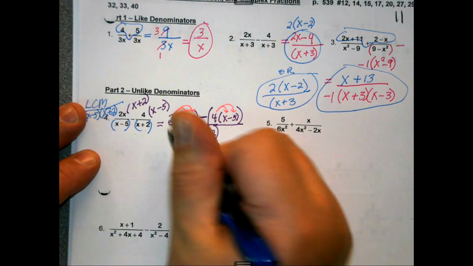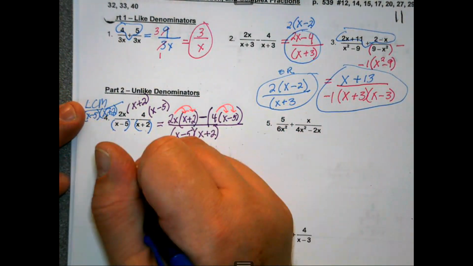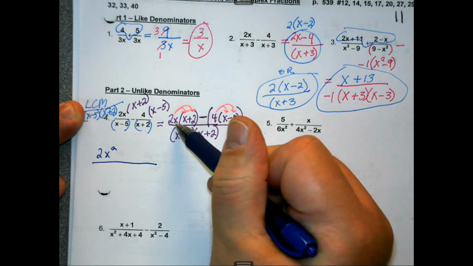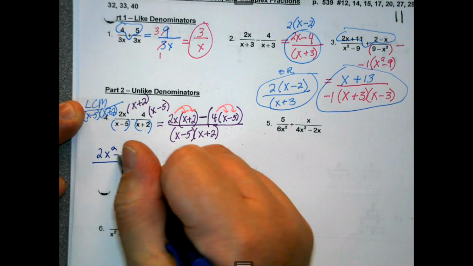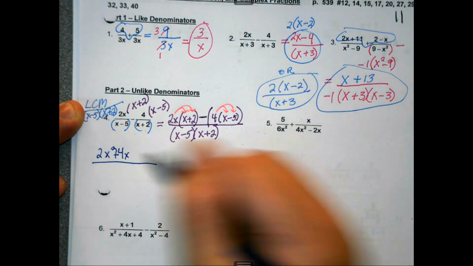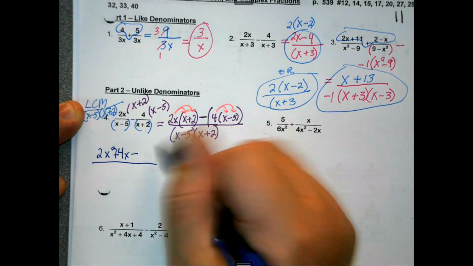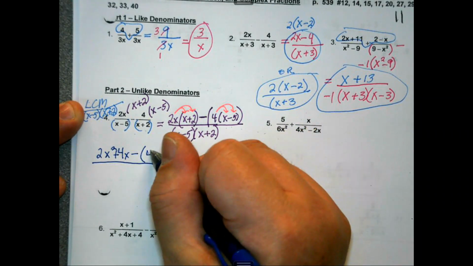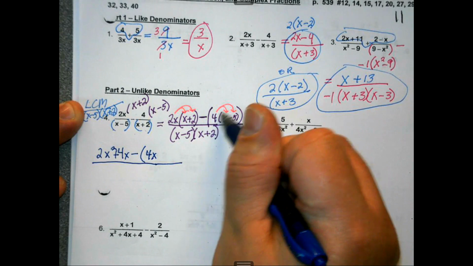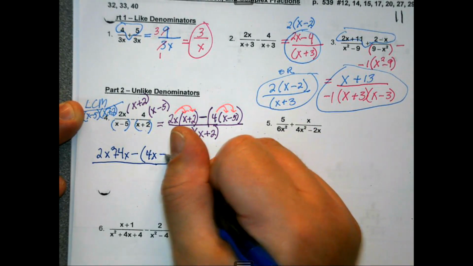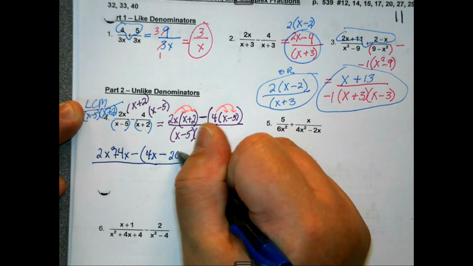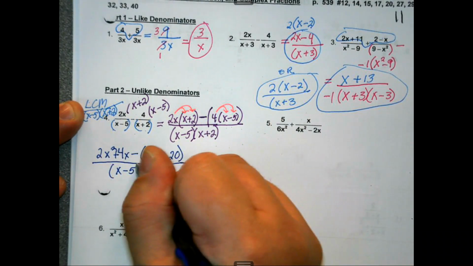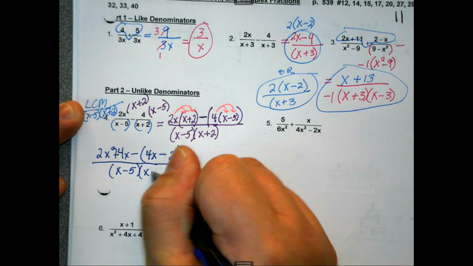So I get 2x squared, 2x times 2, 4x, minus, parenthesis, 4 times x, 4x, 4 times negative 5, negative 20, all over x minus 5, x plus 2.